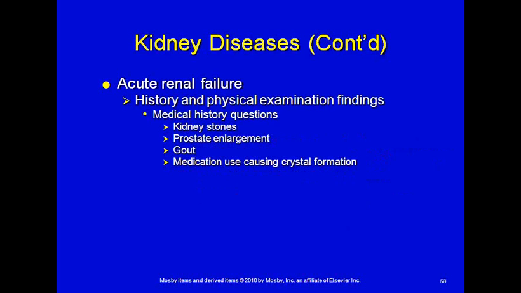As part of your history and physical exam, you want to get a good medical history. Some questions you might also include would be, have they ever had any kidney stones, do they have any history of prostate enlargement, have they suffered from gout, and some medications used will cause crystal formation.